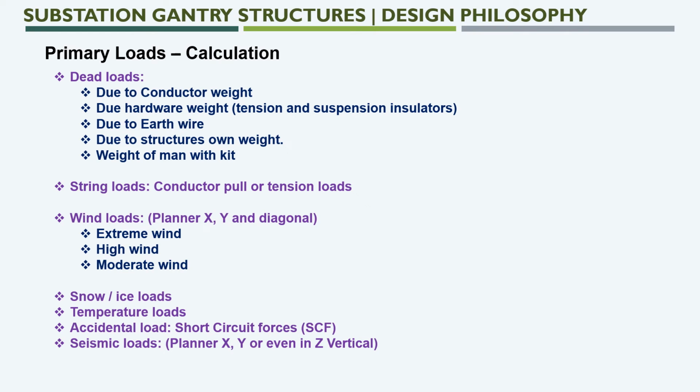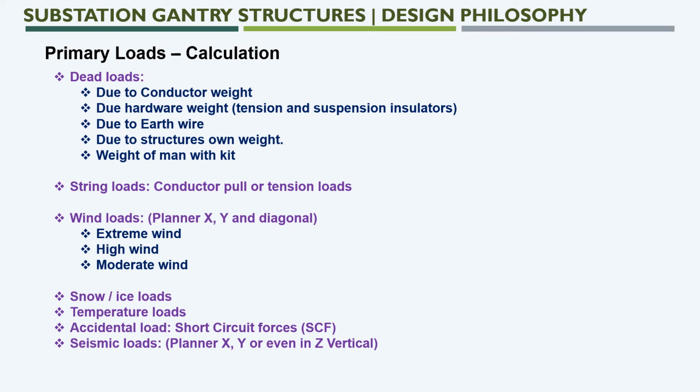Next one is wind loads in a planar view, that is x and y directions. In a plan view we need to apply wind like x and y. And also some standards ask us to go for a diagonal wind also, either it may be 20 degree or 45 degree or 60 degree, because we cannot predict whether the wind is going to act only in the perpendicular direction of the structure or parallel direction of the structure, that is x and y.